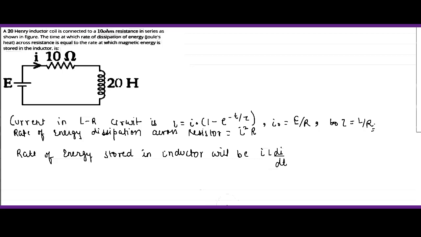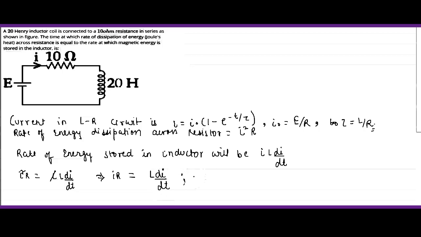So according to the question, we have to equate these equations and find the time at which both are equal. So I square R is equal to I into L di by dt. One of the I from the I square gets cancelled out, so the equation becomes IR is equal to L into di by dt.